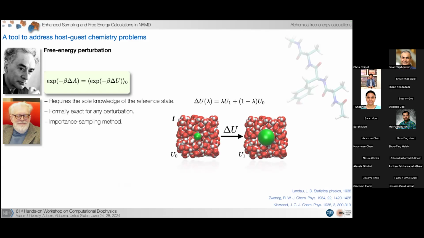That will give me my ensemble average over state 0, over the reference state. For each snapshot, for each configuration, I will calculate what delta U is, okay? So I need to calculate U1 as well, and I get my delta U. Once I have that, I can calculate the exponential of minus beta delta U and average that over the entire trajectory. That will give me, in principle, my free energy.